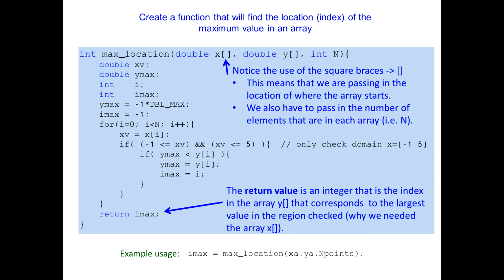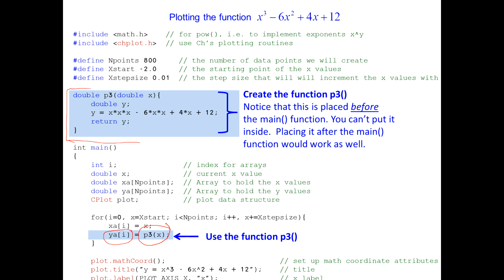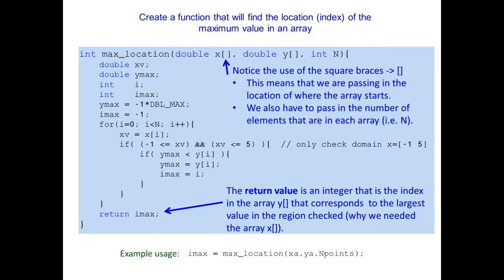All right, so notice we are going to pass in both our arrays. Okay, so if you look at previously, notice that the arrays were doubles. Okay, all right, so this means that the data type has to be double, and notice these square brackets.